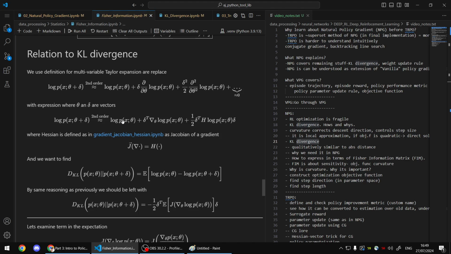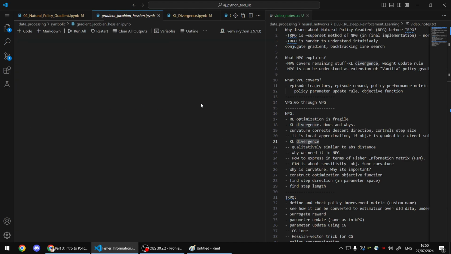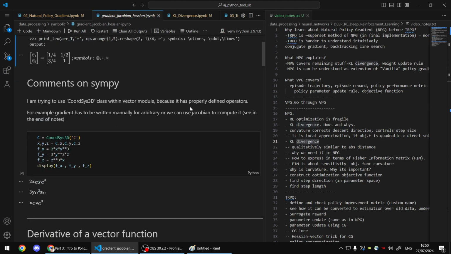So a constant term, a linear term, and a quadratic term, in which case H is a Hessian matrix which contains mixed derivatives. This kind of expression is important, but you can rewrite the Hessian by decomposing it into the Jacobian of a gradient, if you're not familiar with what a Jacobian is.